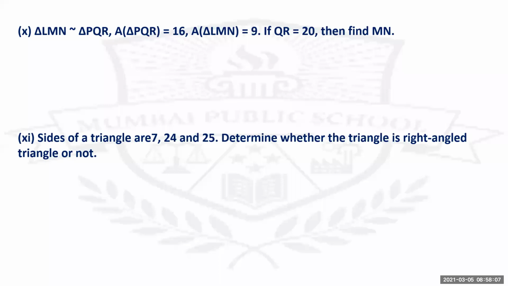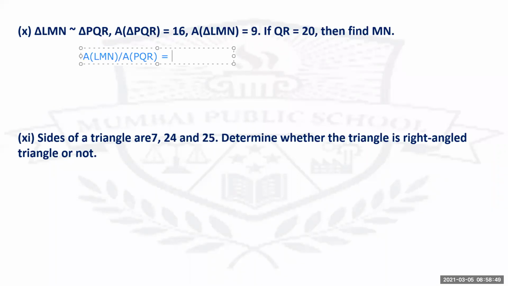So with respect to that, once you start solving this, you're going to write this as area of triangle LMN upon area of triangle PQR equals, what would it be equal to?